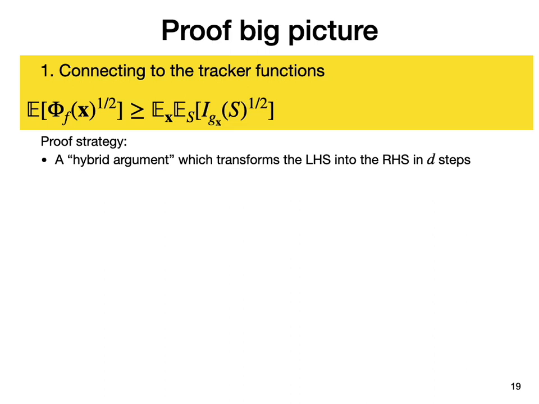The strategy of the proof is a hybrid argument, which transforms the left-hand side of the inequality into the right-hand side in d steps. We show that at each step, the hybrid value can only decrease. This argument is inspired by the split operator, which was introduced by Khot, Minzer, and Safra.